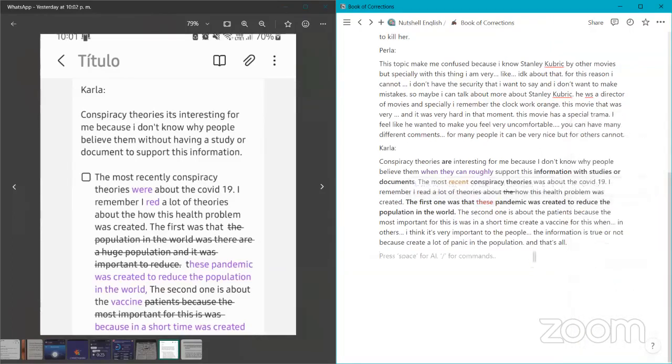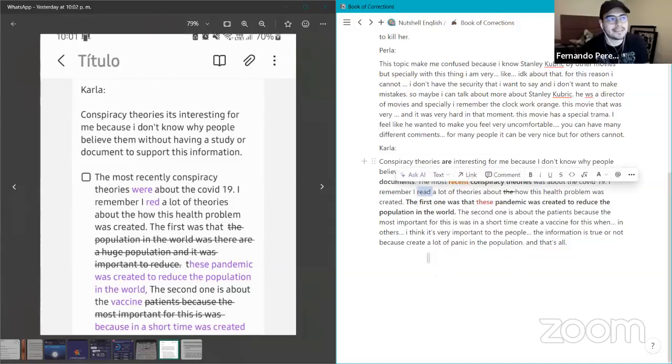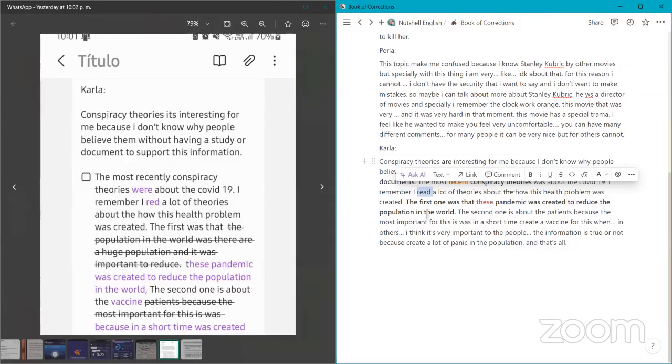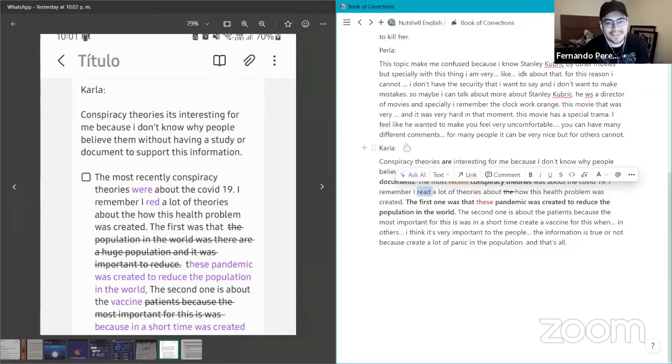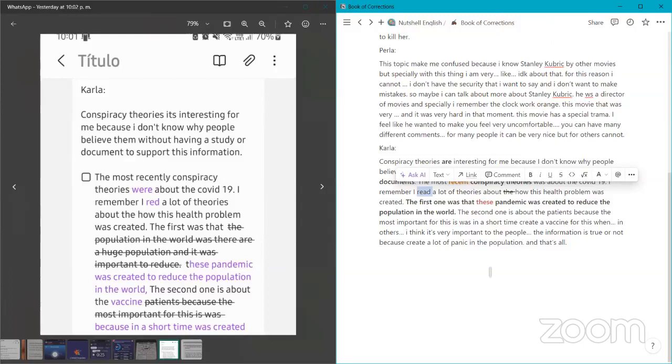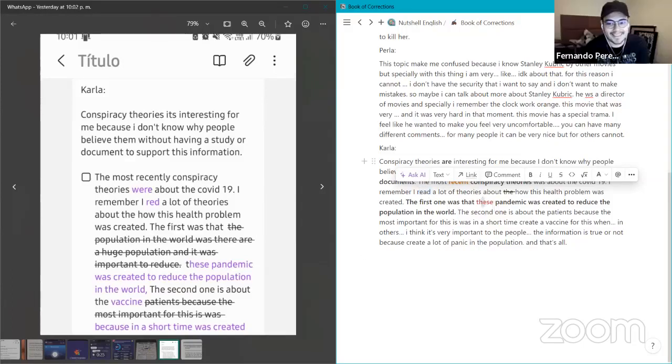And also the verb I read is in past. Read. Also. Well, but how do you spell read in past? R-E-D. No. That's the color. R-E-A-D is the same. Ah, okay. There's no problem here. The problem is here.